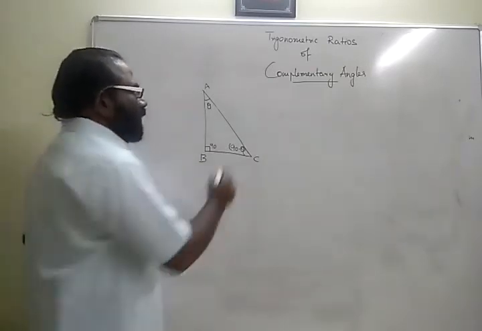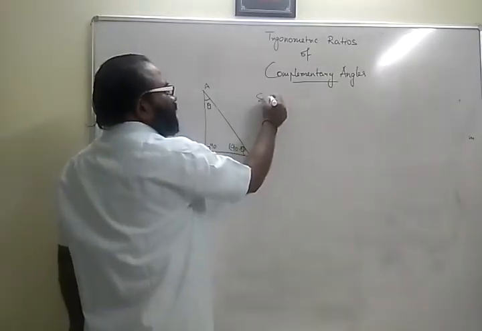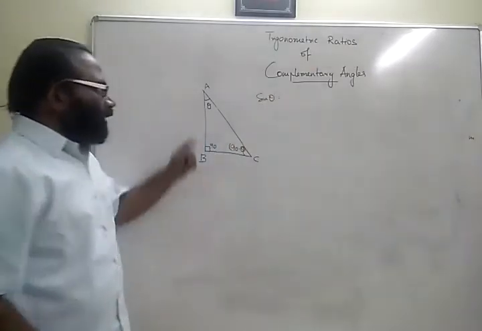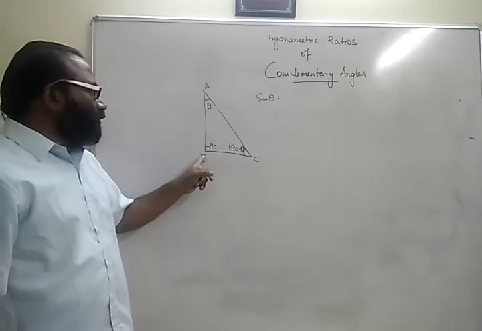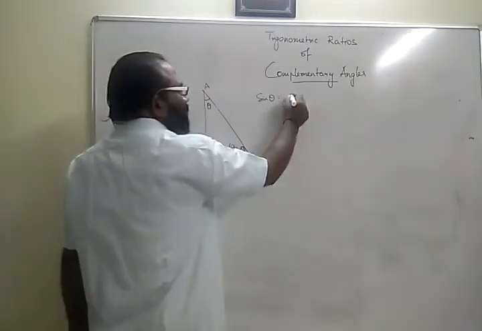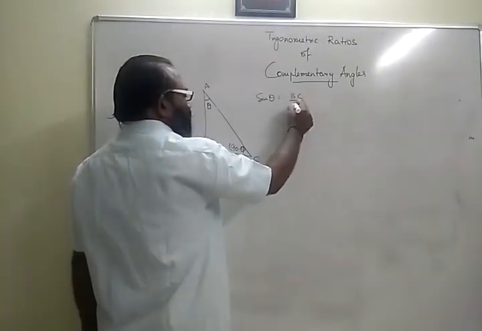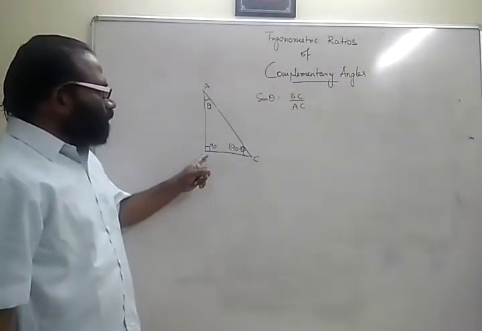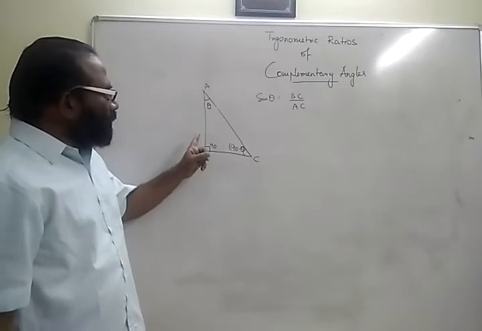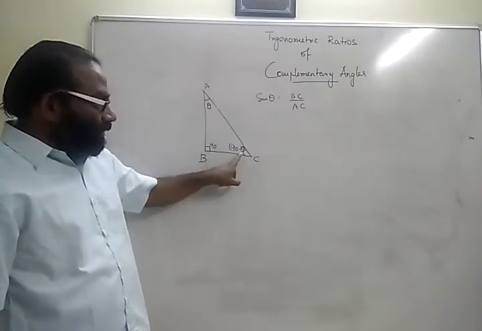Now suppose I take sin theta is equal to opposite by hypotenuse, so that would be BC by AC. Now let me take cos 90 minus theta, this angle.